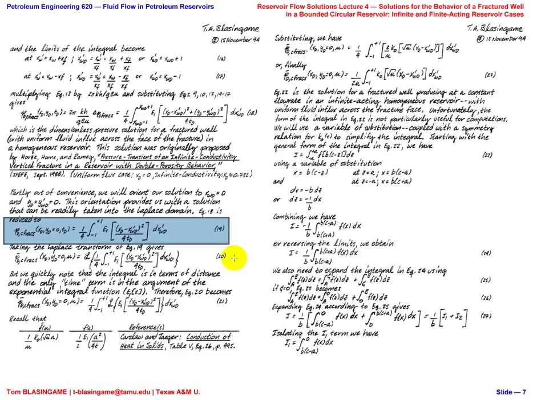Now, Mr. Ravi Kumar probably doesn't remember this because he wasn't born yet, but there was a product called Pan System. And Pan System used sort of an integration technique to integrate wellbore storage in. It's a recursive technique to integrate wellbore storage into their solutions. Now, it would not work for naturally fractured solutions. You're still going to have to go to Laplace transform for that. But back when this product was first introduced, this was actually a technique that Cinco and Samaniego introduced when they did their wellbore storage solution for a finite conductivity vertical fracture, which doesn't mean anything.